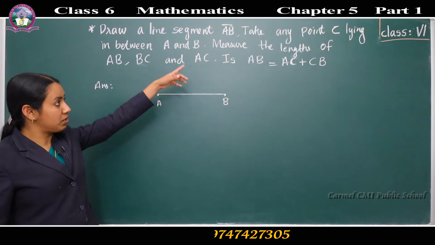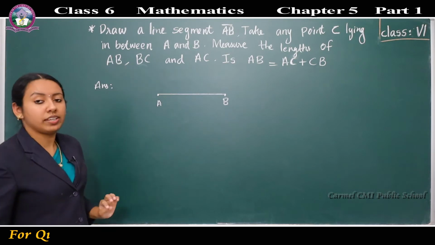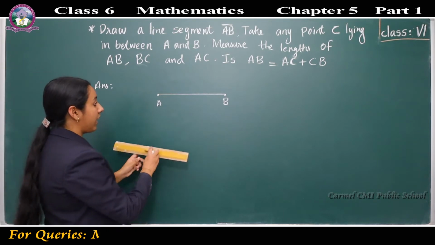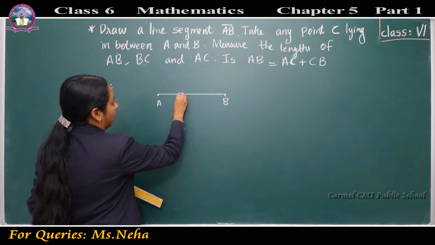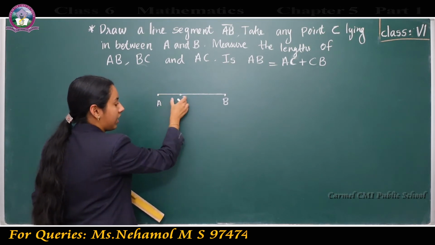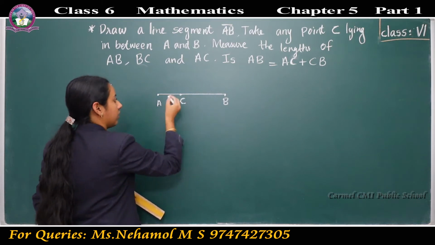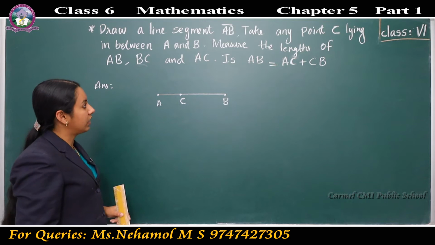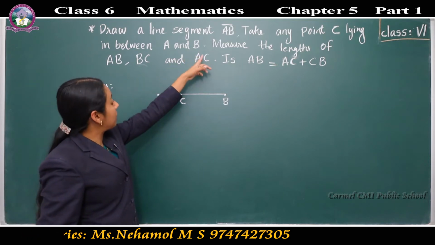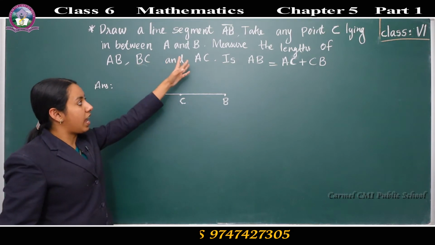Then next step, take any point C lying in between A and B. This is point C. I take this point. Then we have to measure the length of AB, BC and AC.